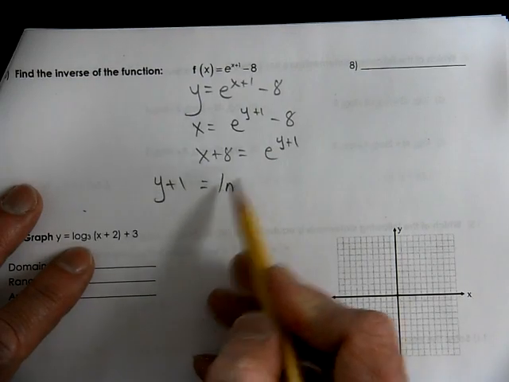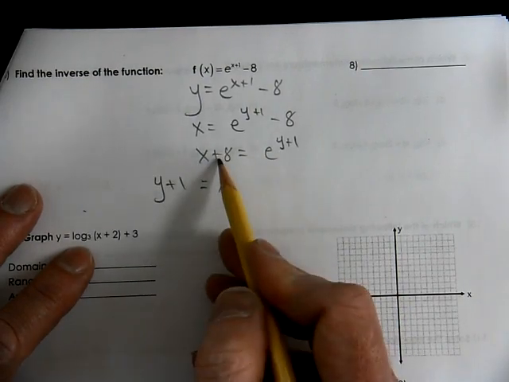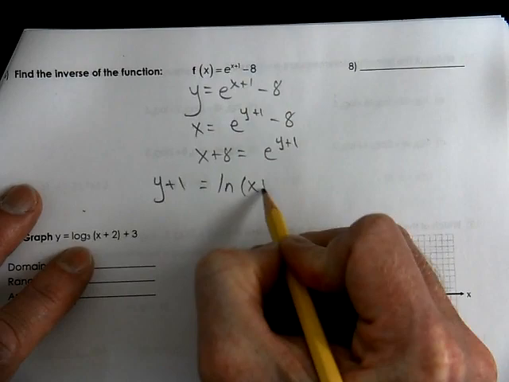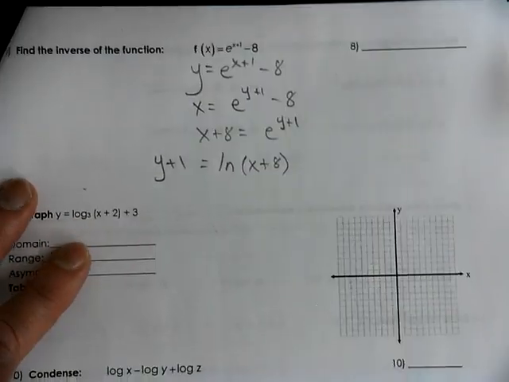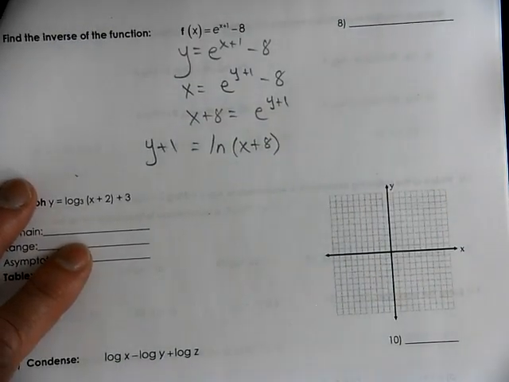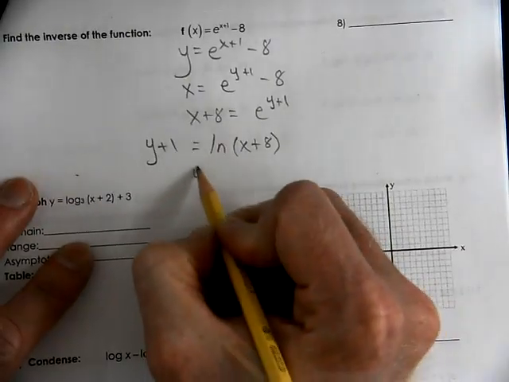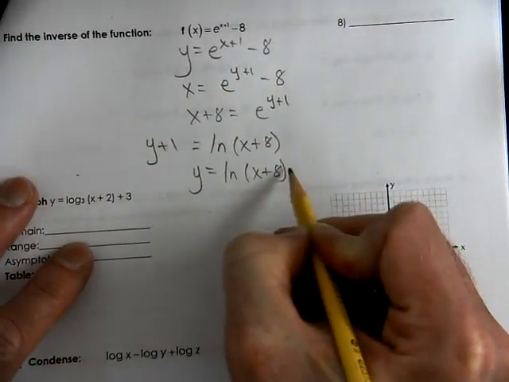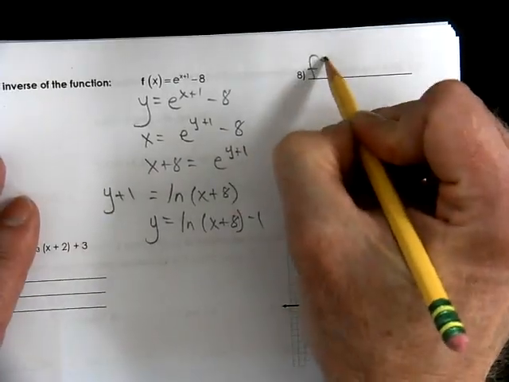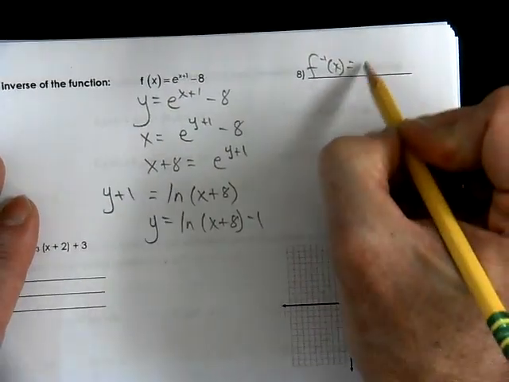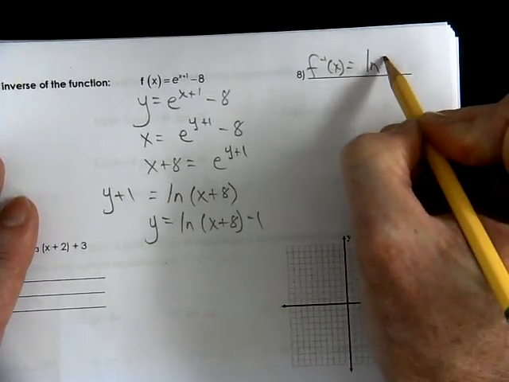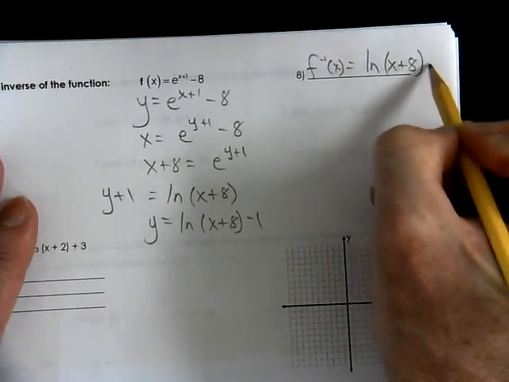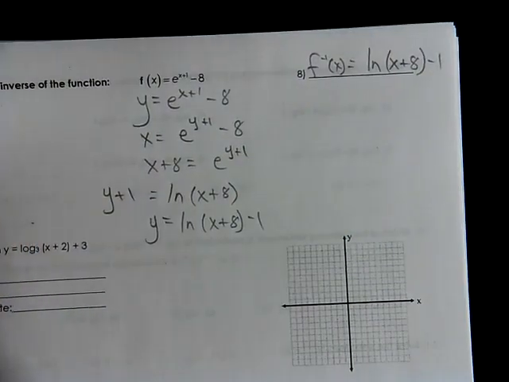So that's y plus 1, natural log of x plus 8. And then we subtract the 1 over. So our inverse is going to be the natural log of x plus 8 minus 1.